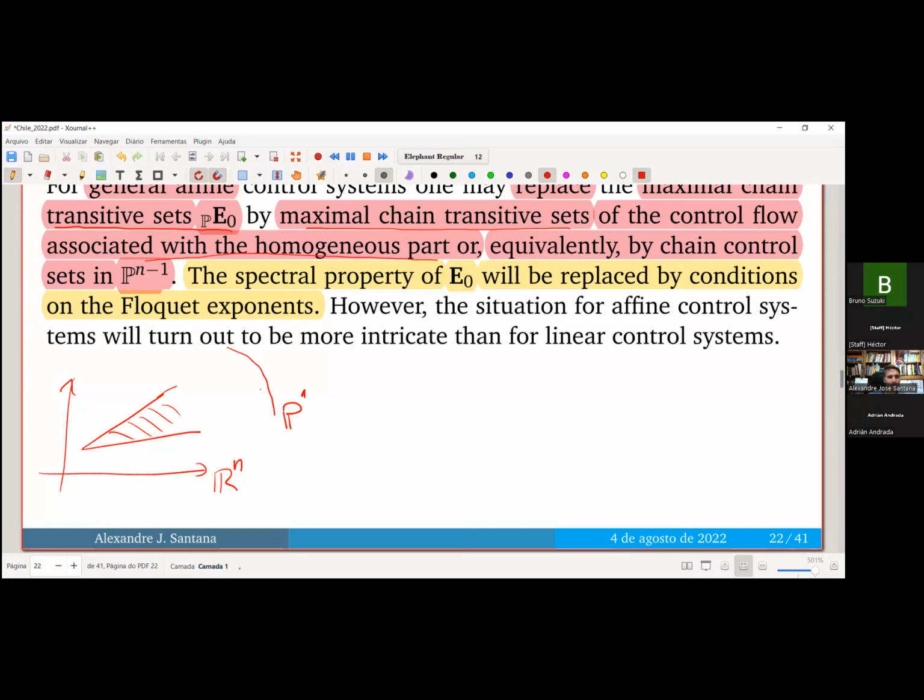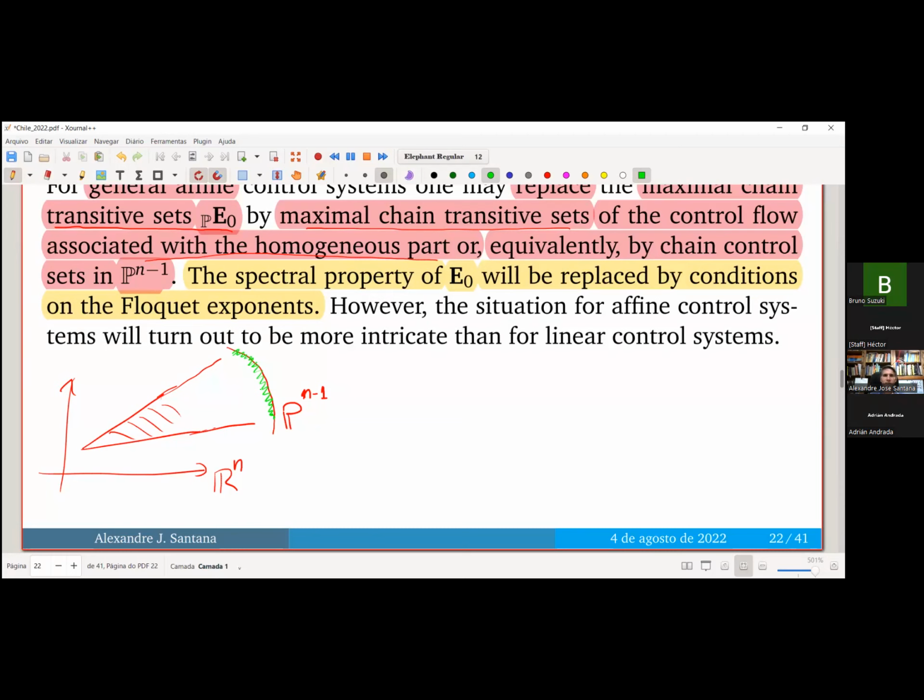P^{n-1} here, and this subset of P^{n-1}, the boundary at infinity, has the chain transitive property.